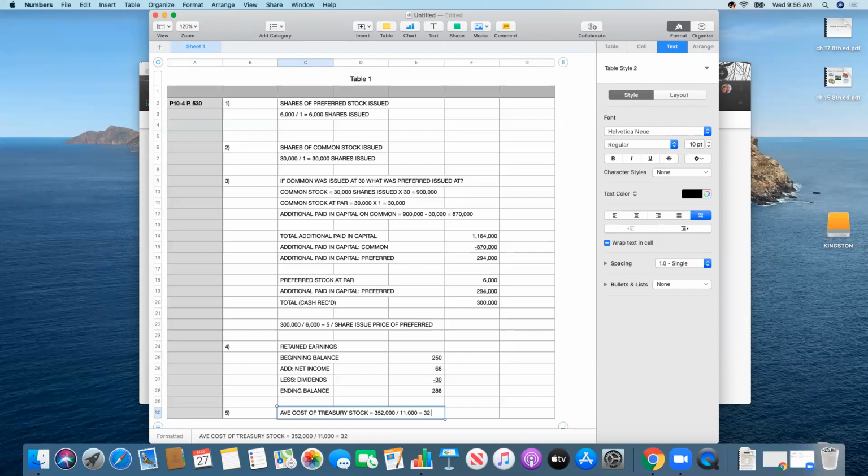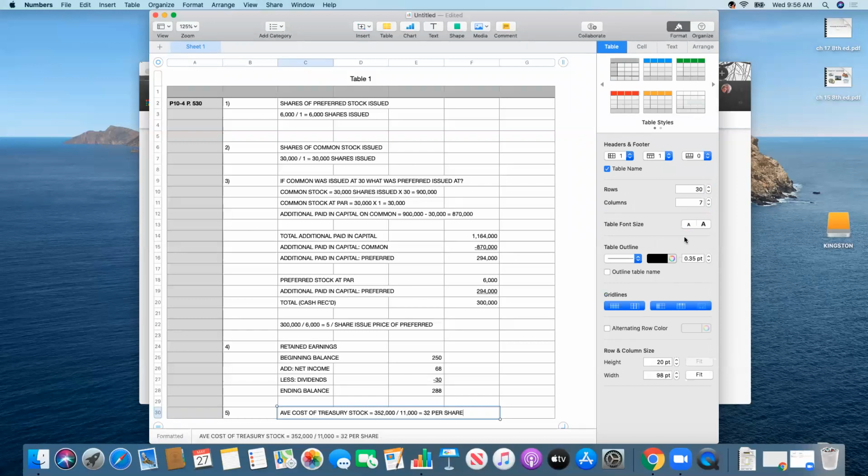So the average price of the treasury stock was $32 per share. Right, so that was problem 4.